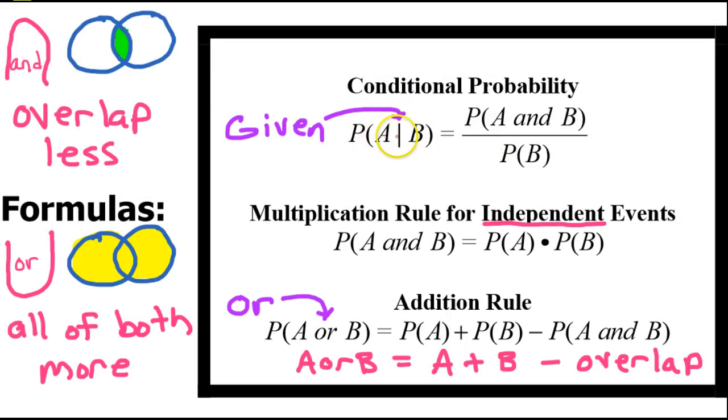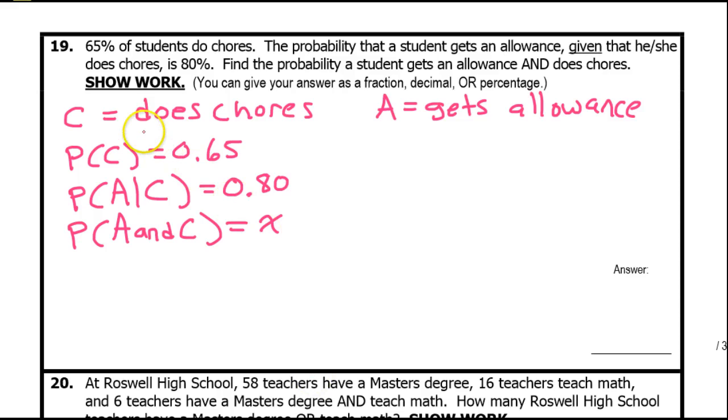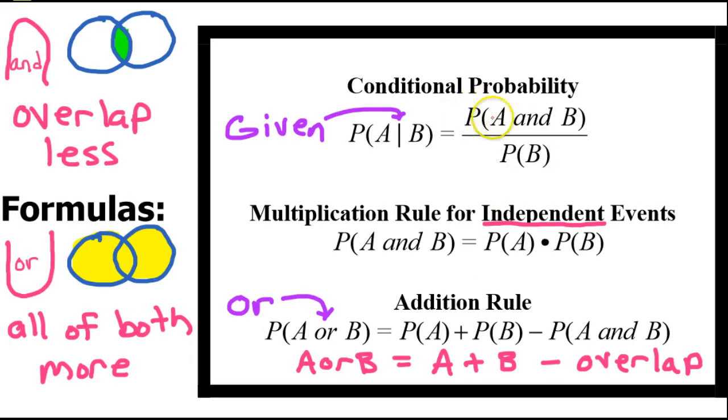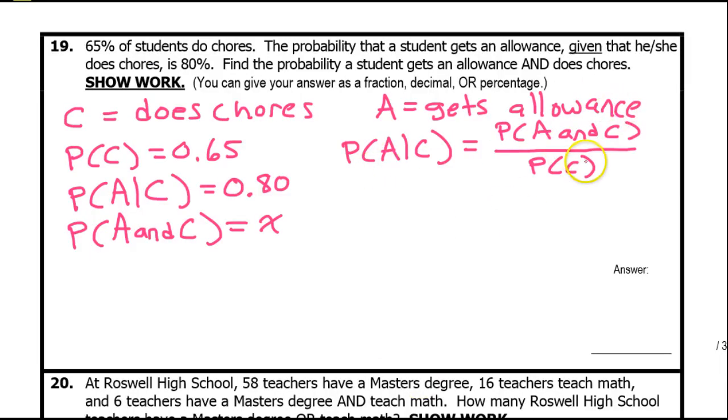The probability of A given B is the probability of A and B divided by the probability of B. I'm going to rewrite this, but instead of B, I'm going to write C. So the probability of A given C is the probability of A and C, divided by the probability of C. All right, so this is the formula.